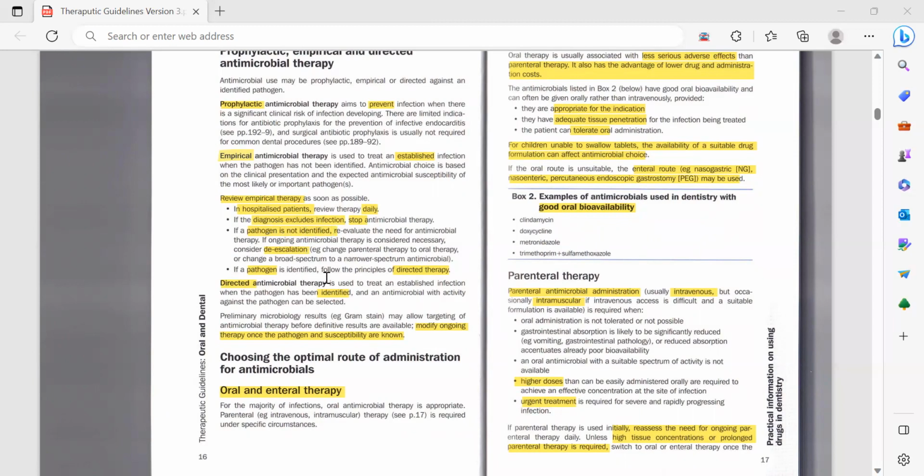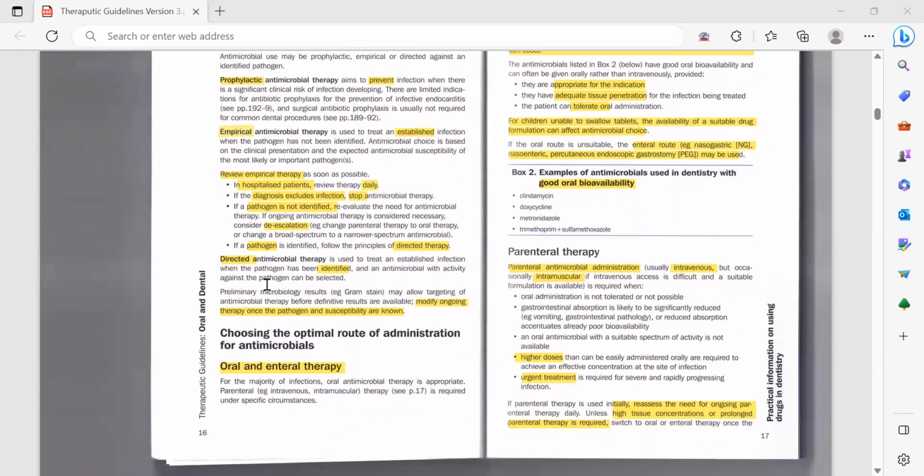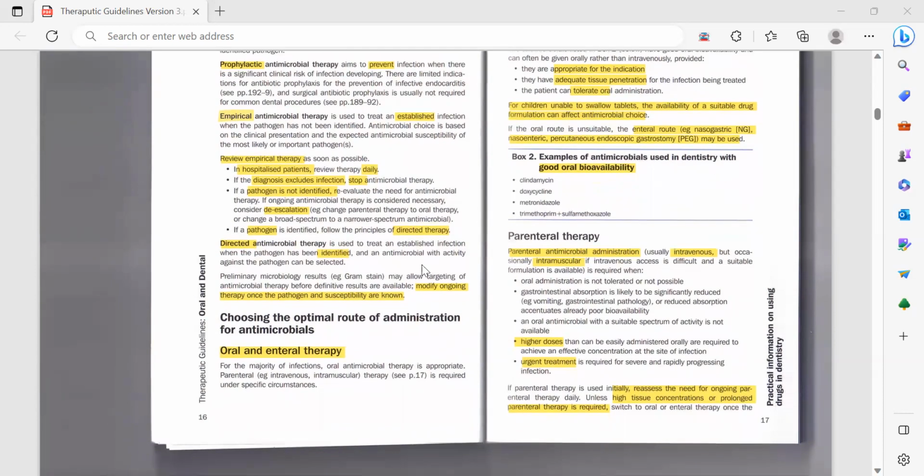If a pathogen is identified, then start giving the directed antimicrobial therapy, which will directly act on the organism which is the cause of the infection in that particular patient. It is used to treat an established infection when the pathogen has been identified, and an antimicrobial with activity against the pathogen can be selected.